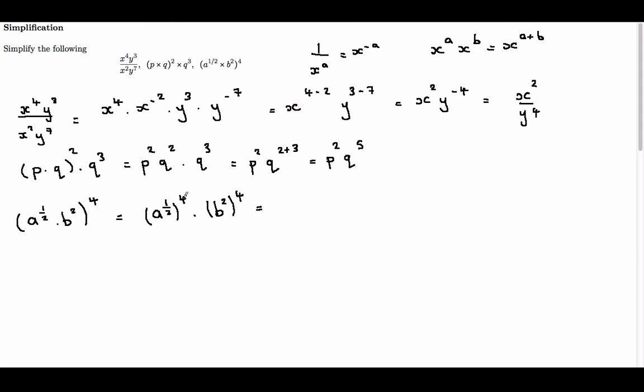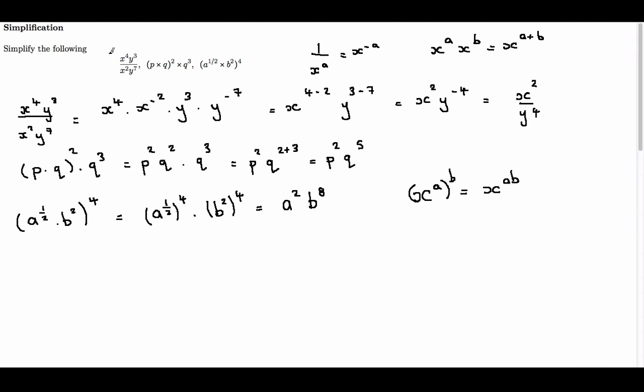So a to the half all to the power of 4 gives us a squared, and b squared to the power of 4 is just b to the 8. And this is a consequence of using the result that when we have x to the a raised to the power of b, we get x to the ab.